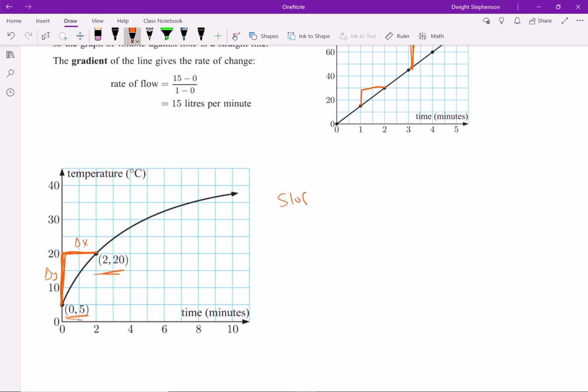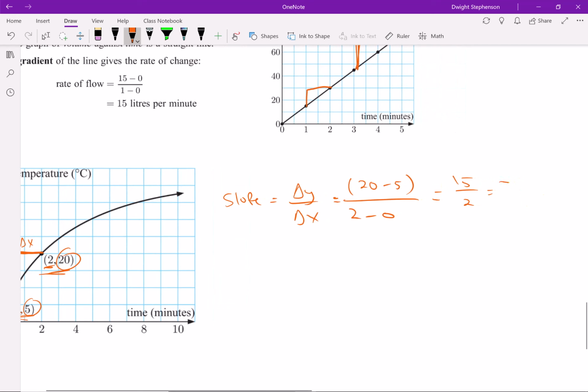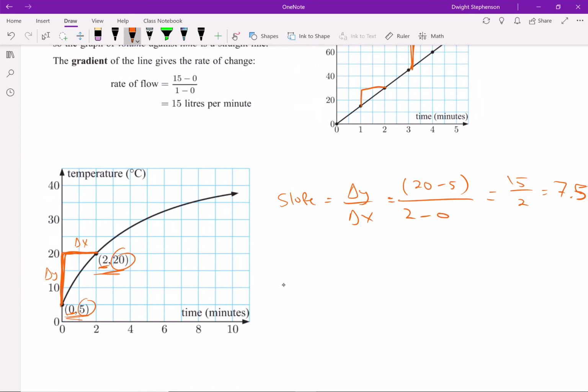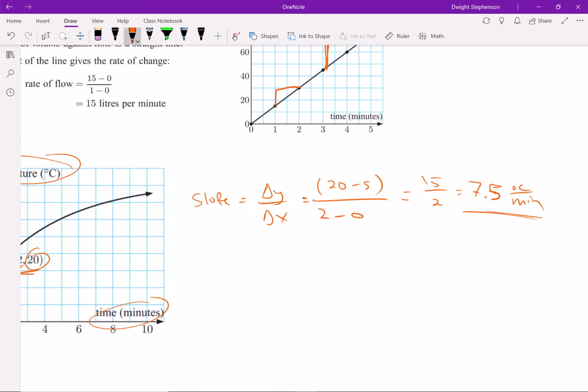Remember, slope was change in y over change in x, which in this case, the change in y is 20 minus 5, you went from 5 to 20. And the change in x is 2 minus 0, you went from 0 to 2. And that gives you 15 over 2, which is 7.5 degrees Celsius per minute, because the change in y is in degrees Celsius and the change in x is in minutes. And so you get 7.5 degrees per minute.